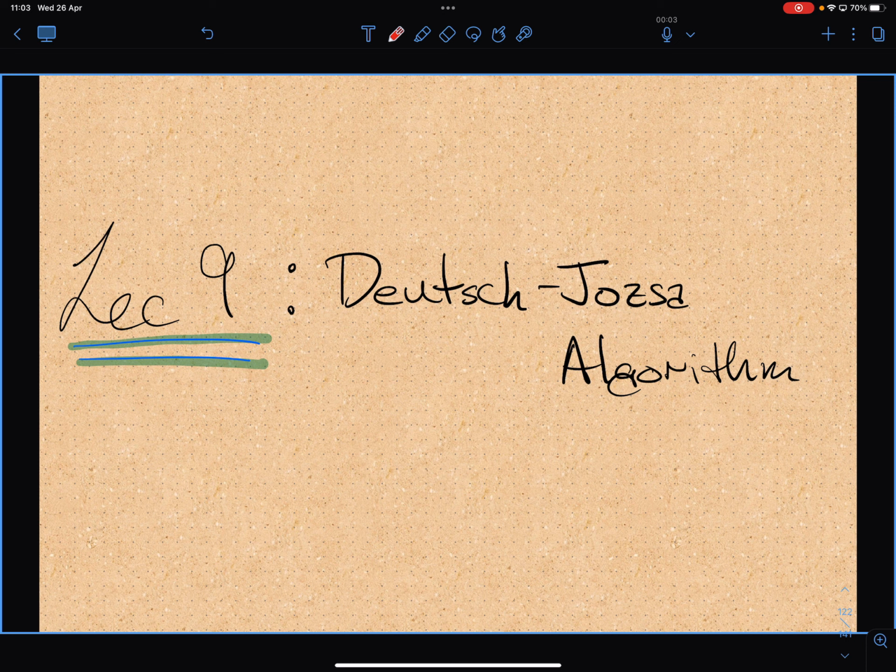I still haven't made up my mind. Either next lecture or the one after that, we'll actually try to do a lab type of class where we implement the Grover algorithm for a search algorithm in the IBM quantum platform, so that we get some hands-on experience.